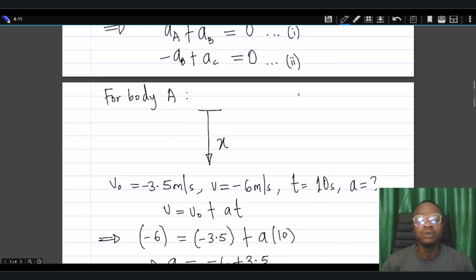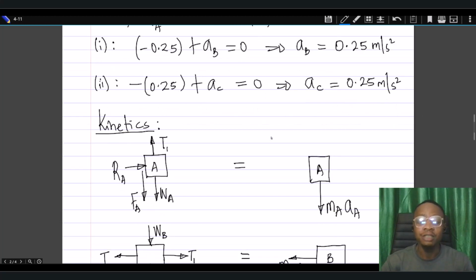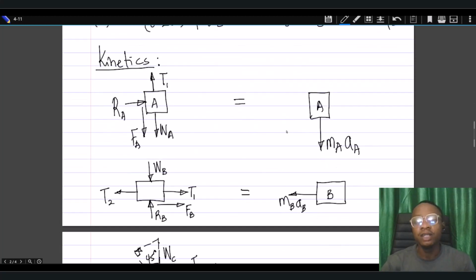So if you approached it that way, without having to go through all of this, which is perfectly okay because of the simplicity of the connection here, then when drawing these kinetic diagrams, you would already know the actual direction and you will use the actual direction directly, so that you will use positive values of acceleration all through.